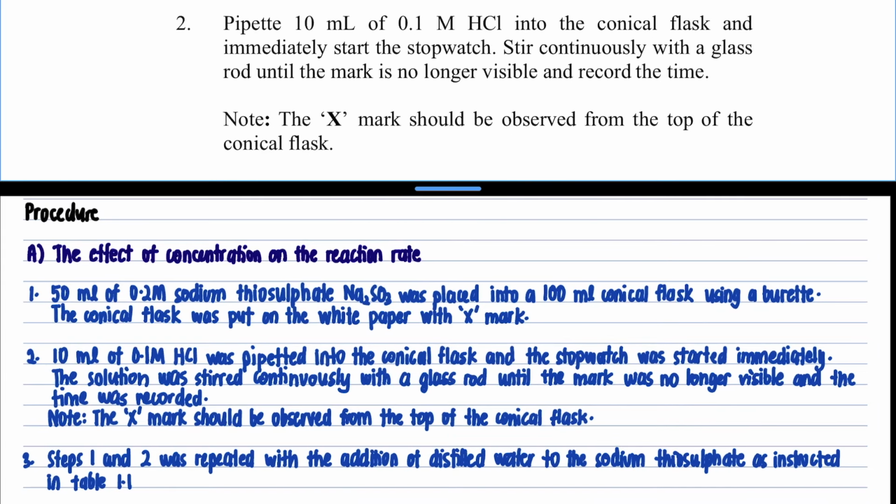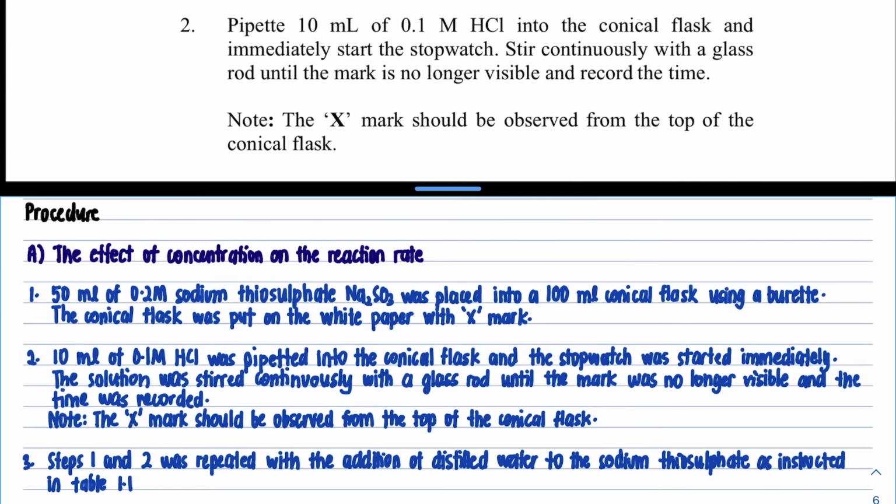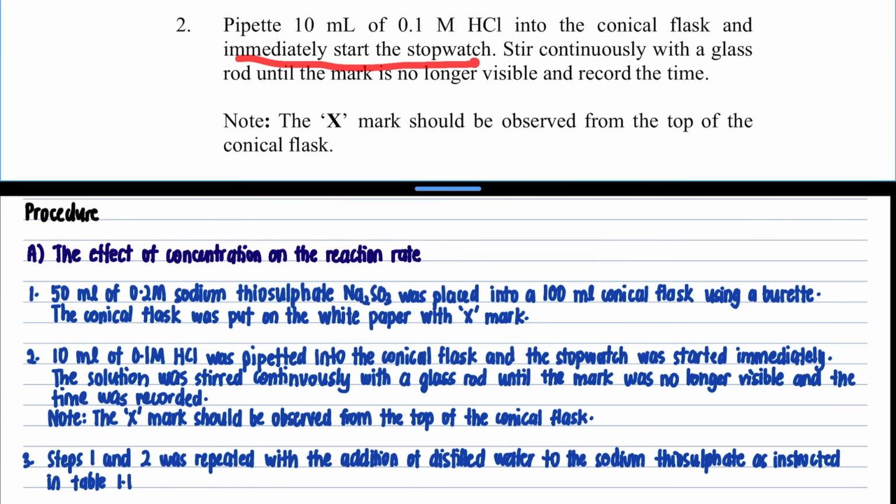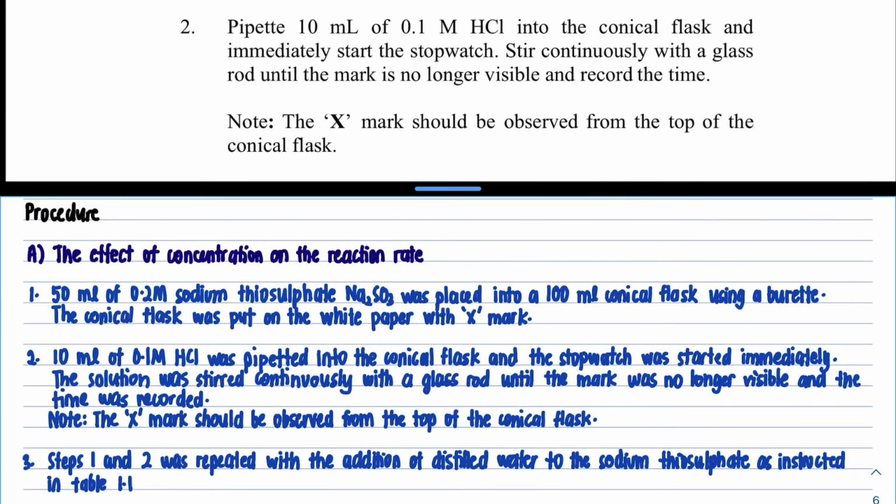Number 2 here is: pipette 10 ml of 0.1 molar HCl into the conical flask. Here I have changed it into passive: 10 ml of 0.1 molar HCl was pipetted into the conical flask. And here it mentioned to immediately start the stopwatch. So I have changed it into passive: the stopwatch was started immediately.